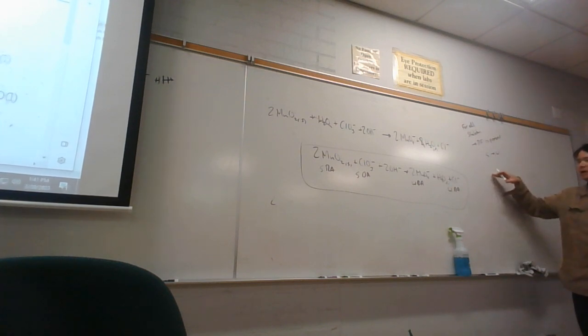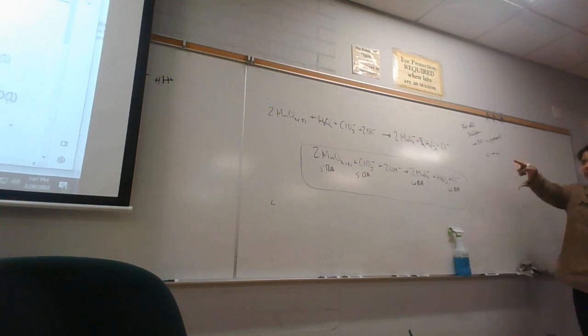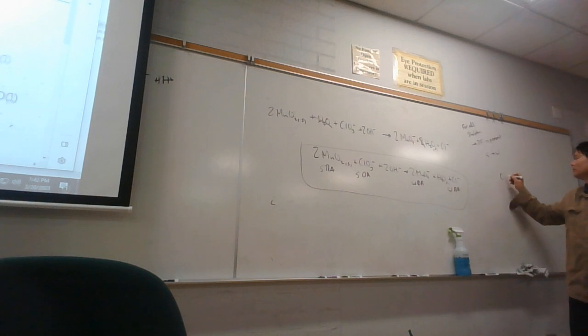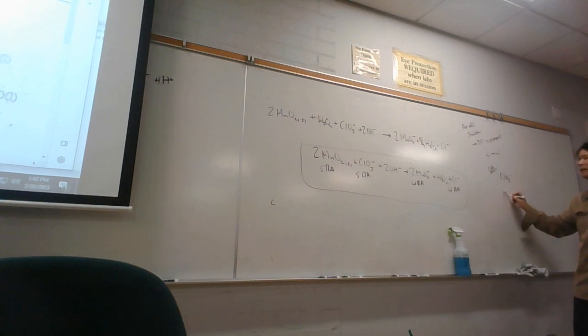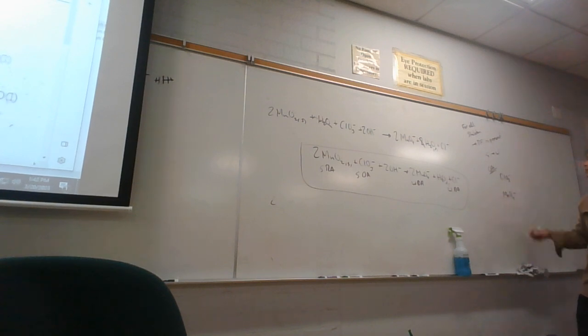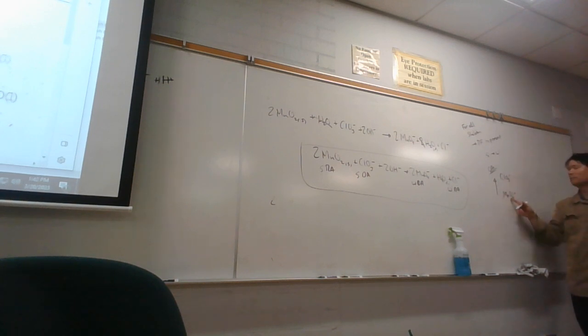I like the strongest oxidizer on the top left, so it mimics this chart. And so if that's the case, what we do is we position chlorate above permanganate. So what this means is that chlorate is a stronger oxidizer than permanganate.